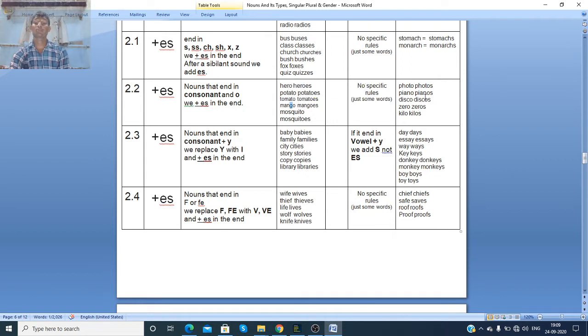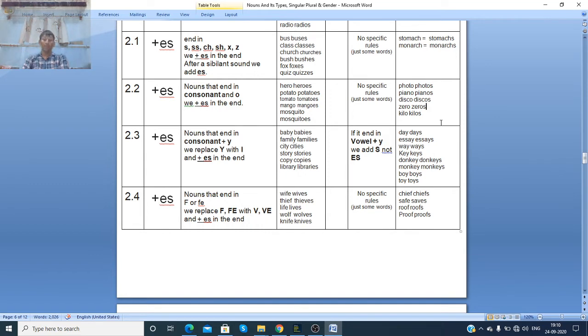And here are some exceptions to these nouns, like photo, that end in a consonant and O, but we add S, not ES. Photo will become photos. Piano, consonant and then O, will become pianos. We don't add ES, we add S. Disco, ending in consonant C and then O, will become discos.